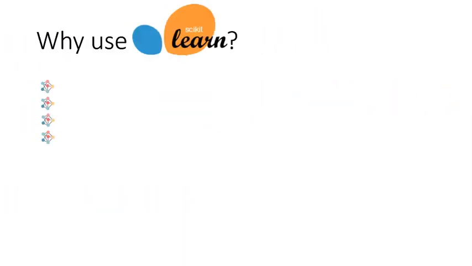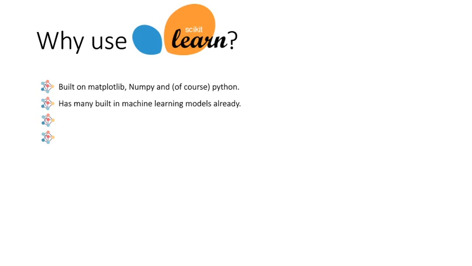Okay, so why use Scikit-Learn? Now you should know why we should use it, otherwise there's no point of using it. One of the reasons is that it's built on Matplotlib, NumPy and of course Python. Then it has many built-in machine learning models already, so you don't have to be really experienced with machine learning if you want to build machine learning models.